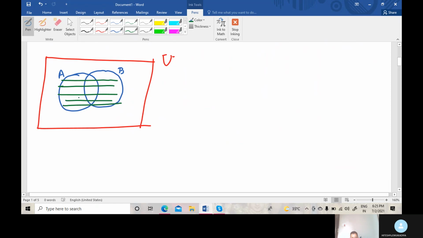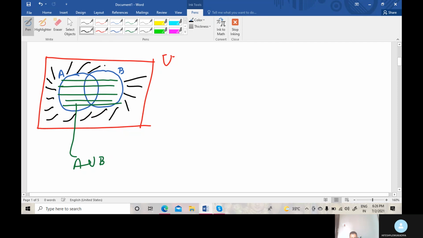Now all the remaining part, this portion, is called the complement of A union B. Okay, (A union B) whole dash.